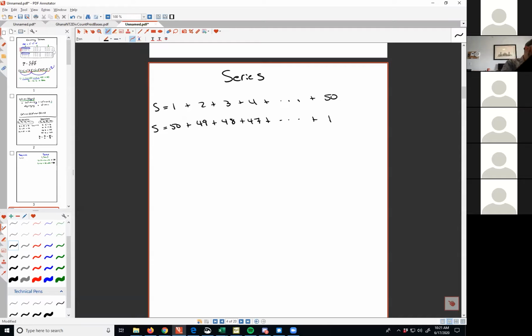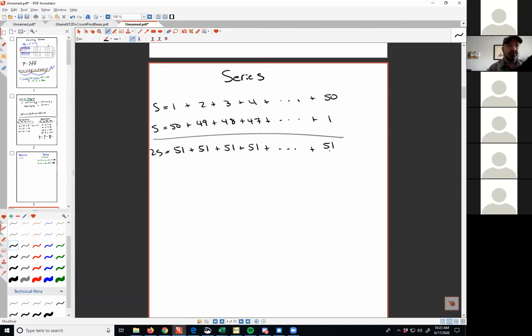Yeah, we now can look down each column and add the two terms in the column. 1 plus 50 is 51. 2 plus 49 is 51. 3 plus 48 is 51. 4 plus 47 is 51. Because the terms going down go down by the same amount that they go up in the other series, just a copy of the same one reversed, we get the same sums going down.